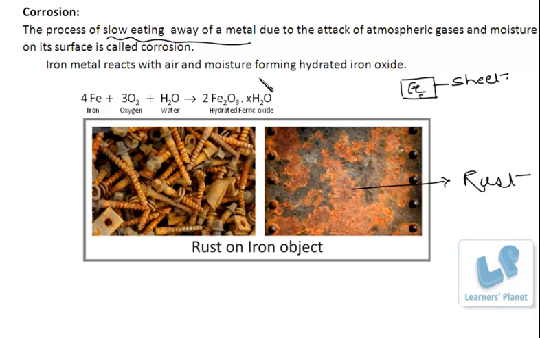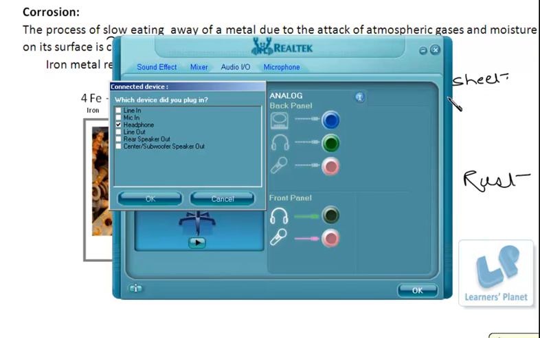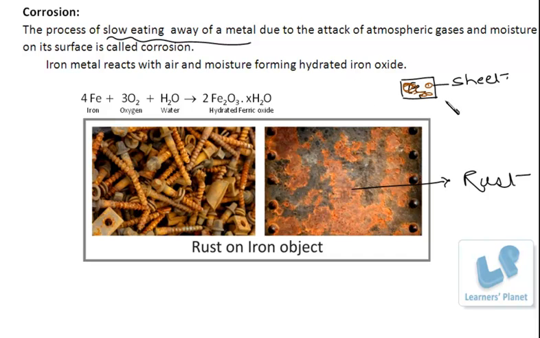In which form is it? It is in the form of reddish powder, which can be scratched off, and the fresh metal is exposed. So this is how rusting, or the corrosion of iron, takes place.